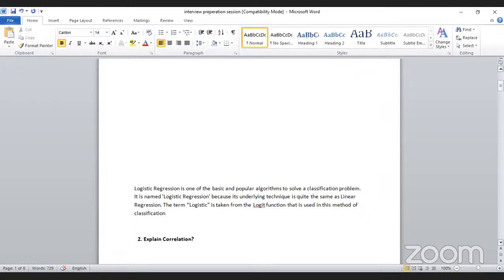The term logistic is taken from the logit function that is used in this method of classification.